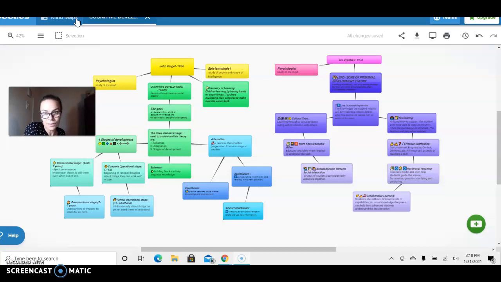Now, the second theory is going to be the zone of proximal development theory, and that one is learning individually and progressing through the help of more knowledgeable adults and collaboration practices.